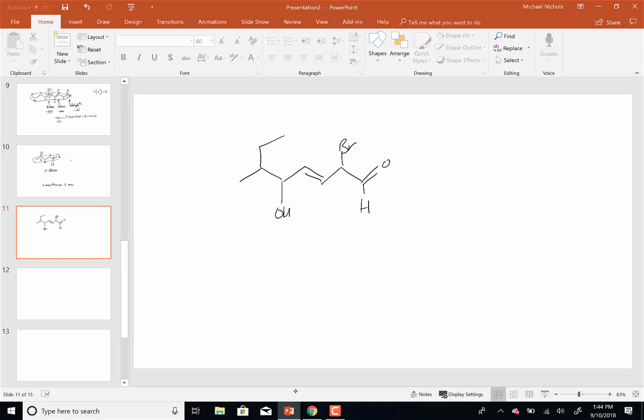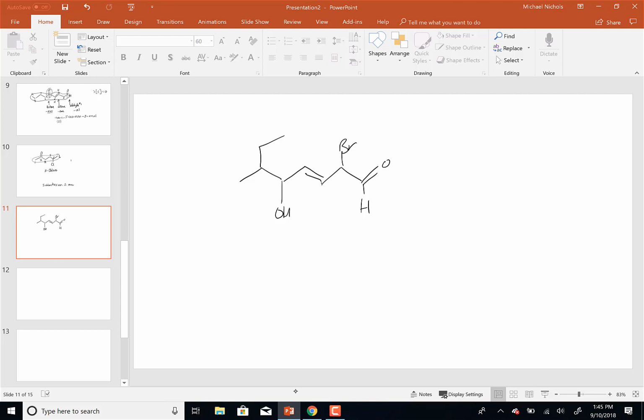Well, tell me what functional groups I have. Got an aldehyde, an alkyl halide, alcohol, and alkene. So of those, which is the highest priority? Which one's the highest priority?